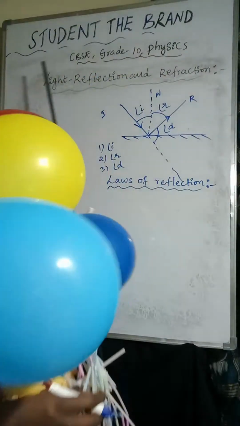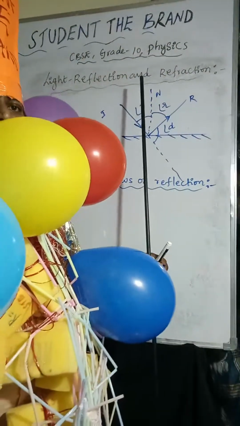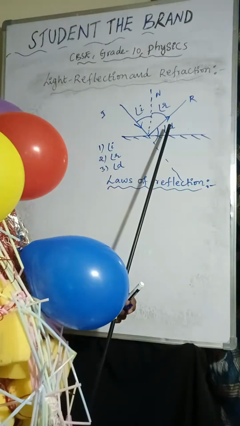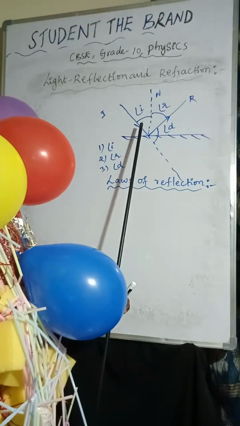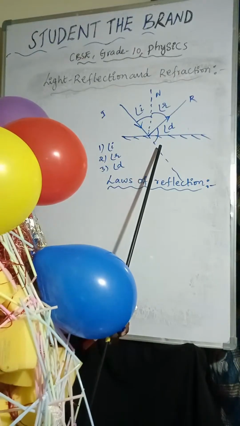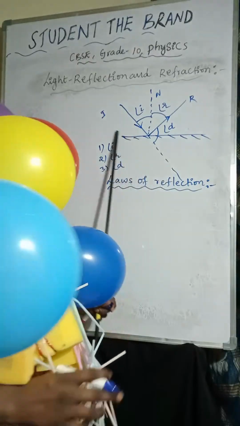Coming to the laws of reflection. The incident ray, reflected ray and normal line lie on the same plane. The angle of incidence is equal to the angle of reflection.